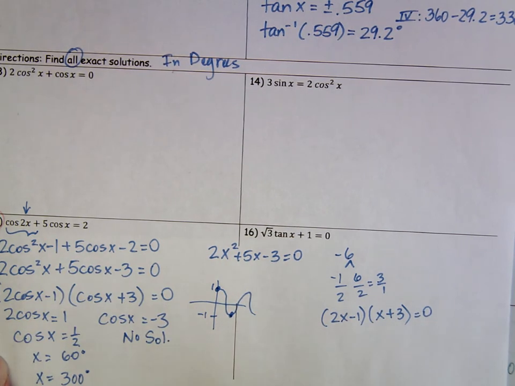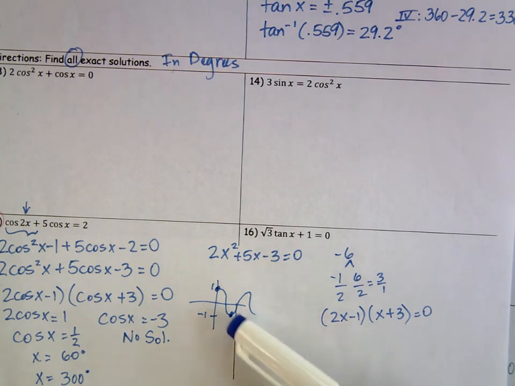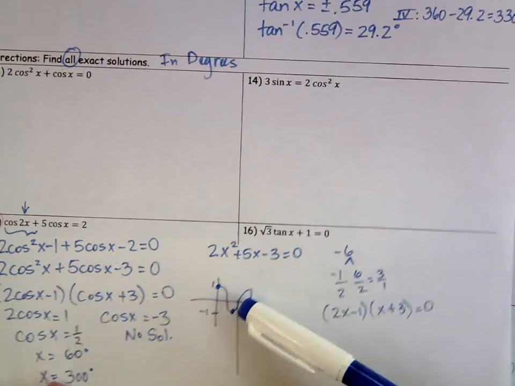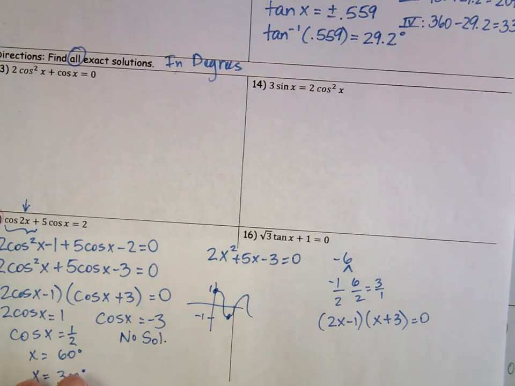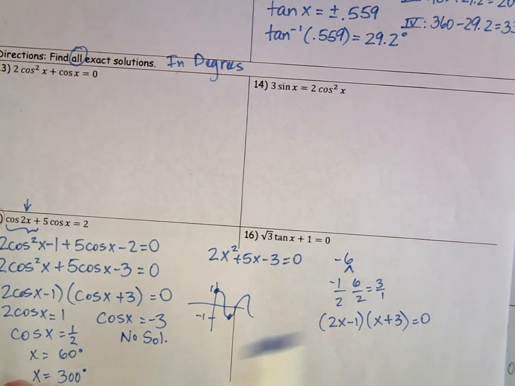All right, then the second thing that comes into play is they want all the possible solutions for this. And remember how the wave keeps repeating and repeating and repeating. If I were to take this and keep repeating the wave, there's going to be multiple places where it equals 1/2. This is just what it is between 0 and 360. So I talked about this in the introduction video as well, that it's based off of the period of the graph.